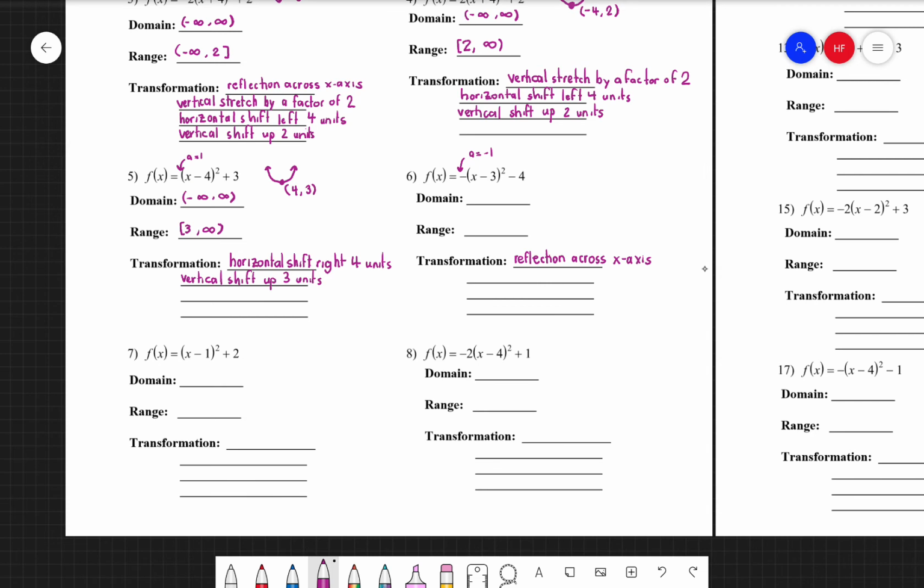Then that minus 3 is going to be a horizontal shift to the right 3 units. And then a vertical shift from that minus 4 down 4 units.